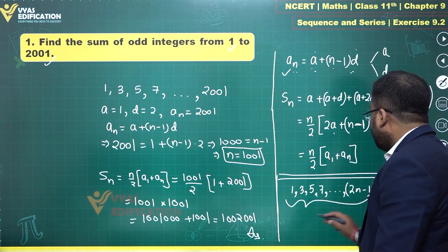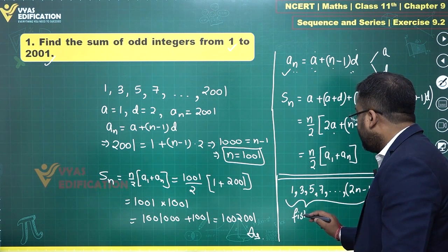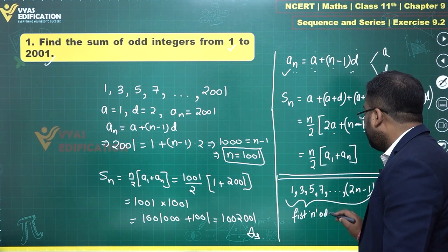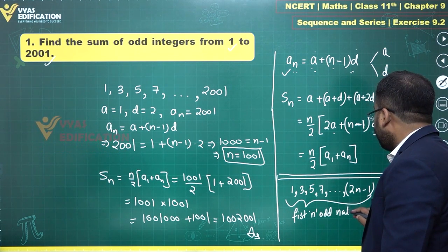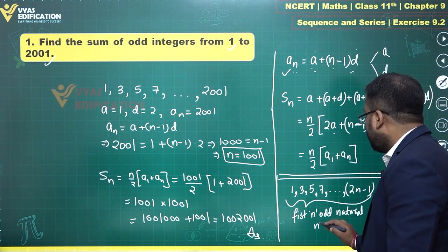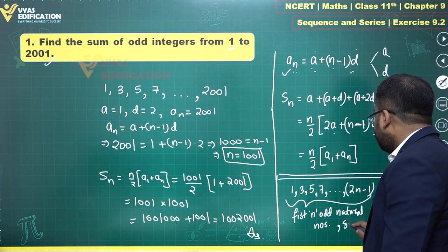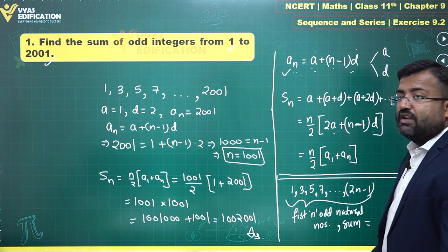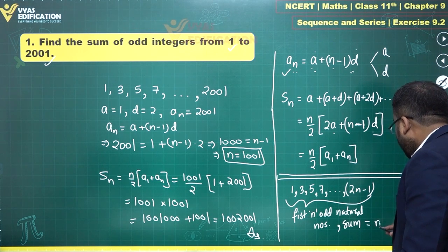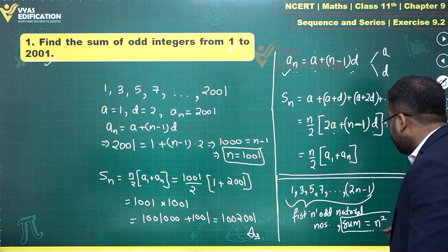If you have first n odd natural numbers, the sum of these first n natural numbers is simply equal to n square. This is something which you can remember.